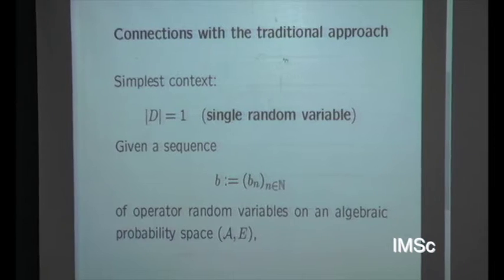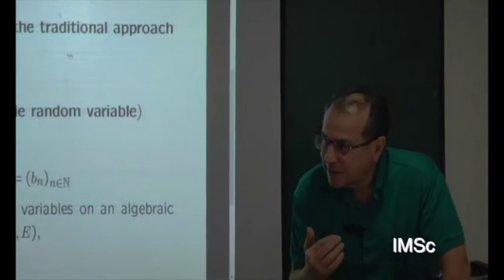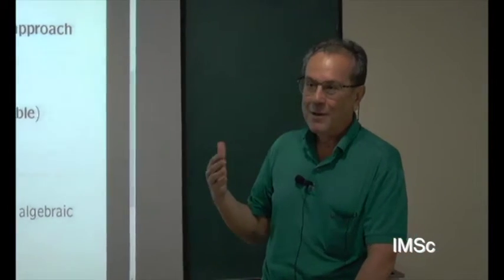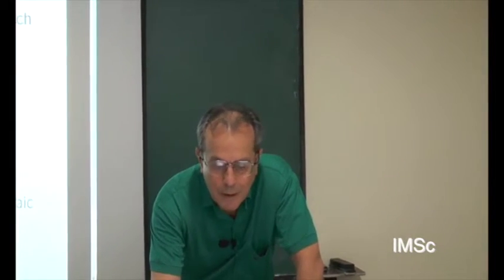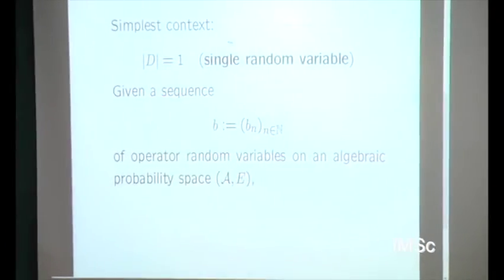In classical probability what you use is an implicit test function, and what I want to show you is how the presence of a test function is implicit in the traditional formulation of the functional central limit theorem.